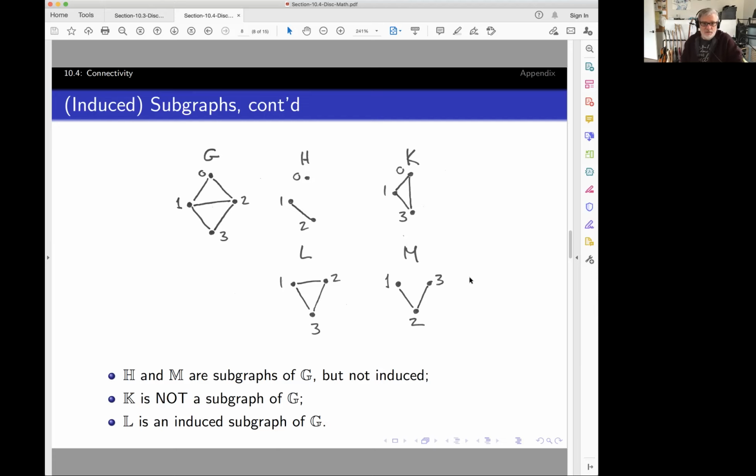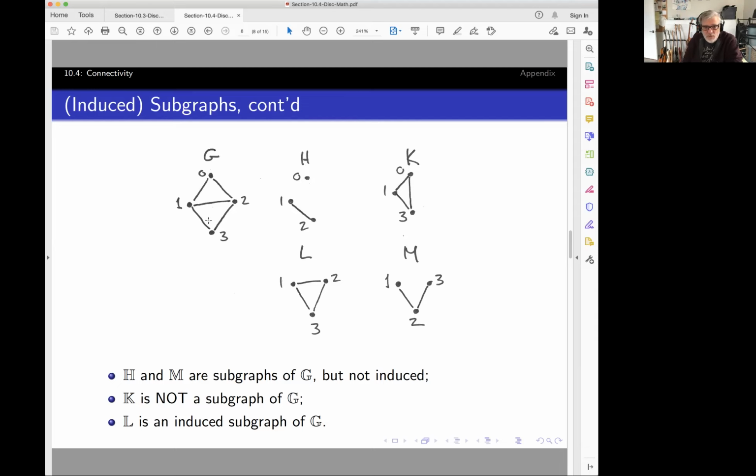Okay, well, so how does it work? What you have to do is to see that you haven't erased any edges, other than those which are incident to vertices that you remove, okay? So let's take a look at H. H is not an induced subgraph because 0, 1 is an edge in G, so it should be here, okay? So in other words, how do you get the induced subgraph that should correspond to H?